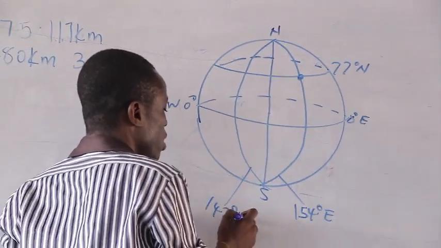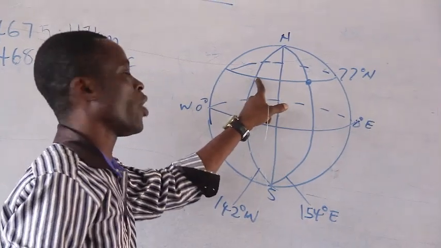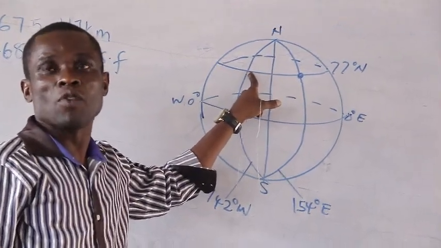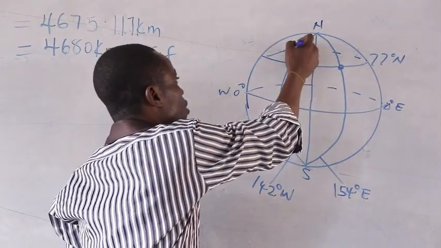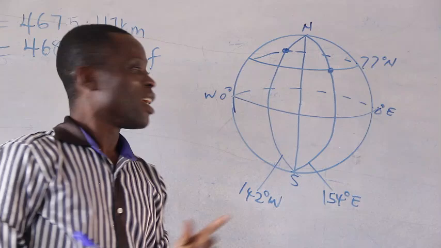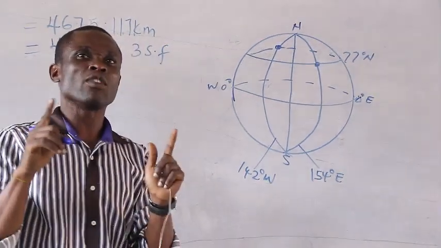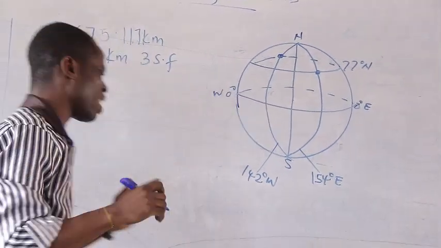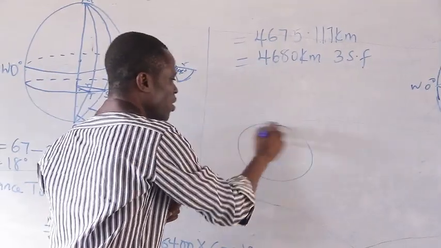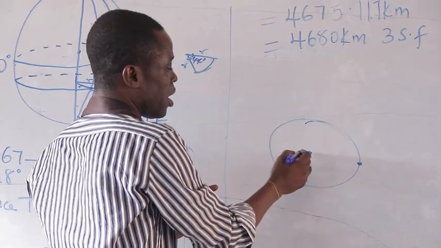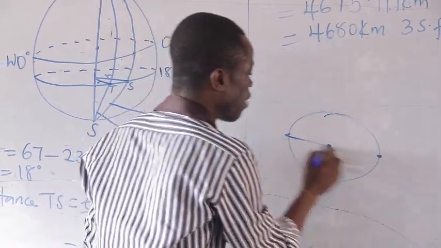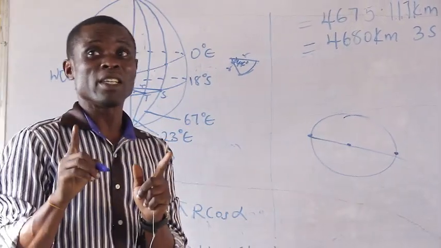142 degree west. This was supposed to be the point of intersection of the two lines, but I don't want to put it here, I want to put it here. Why? The addition of the two is more than 180. When you have a circle, if this one is a point and this one is also a point, once you have them on the same straight line, that is 180.